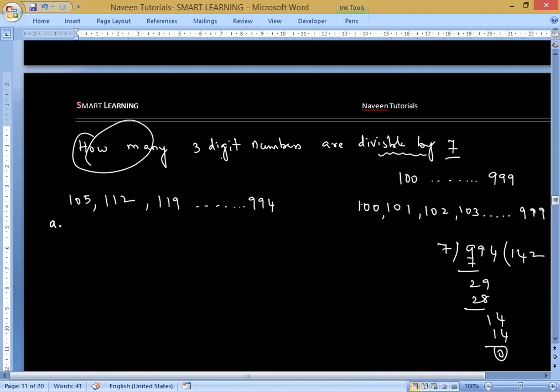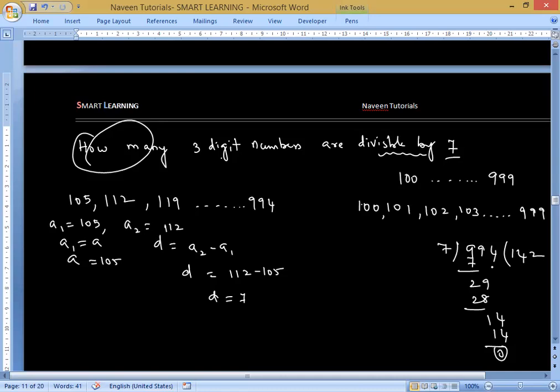So A1 is equal to 105, A2 is equal to 112. A1 is always A, so A is equal to 105. And D is nothing but A2 minus A1, so D is equal to 112 minus 105. So D is equal to 7.